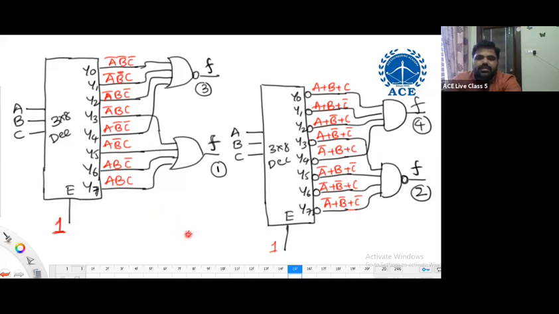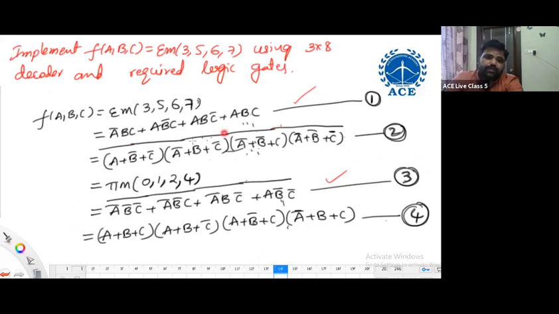See, if you are observing equation number 1, when product terms are there, what should I do? ORing, right? When the respective product terms are available, which gate can I use to implement equation number 1? OR gate.